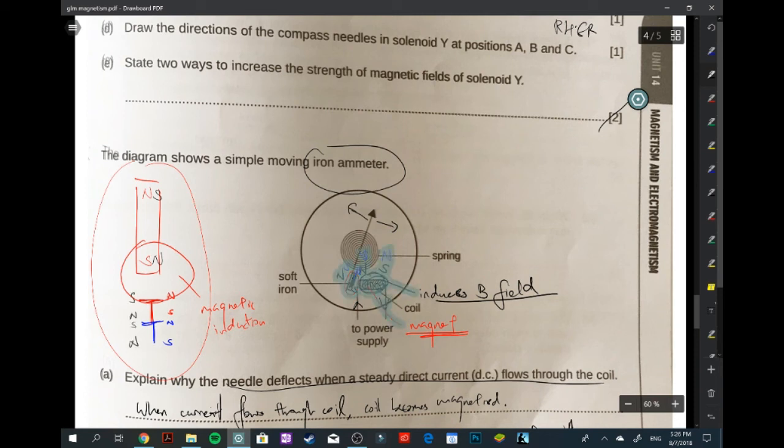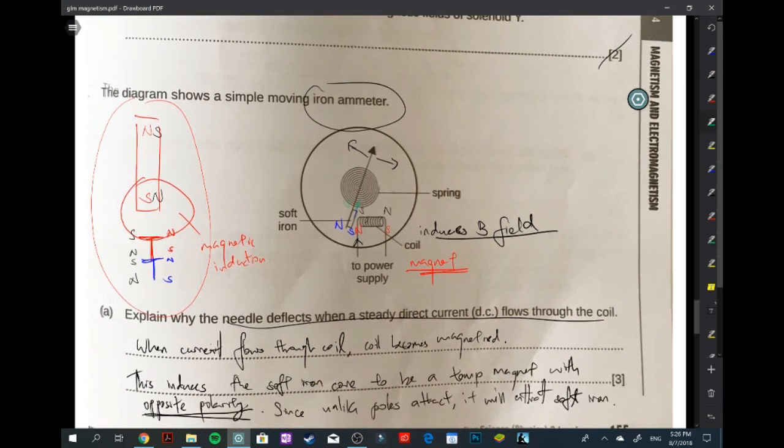Maybe in the previous case it was north south here, it will induce a south and north over here, but right now it has changed so that this is north and this is south, and it will actually induce a north and south over here. So this is the idea. The ink is not very thick, so let me just rewrite it. So this is for the iron and this is for the coil.